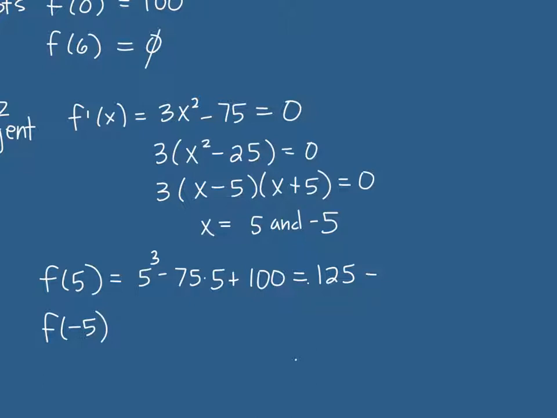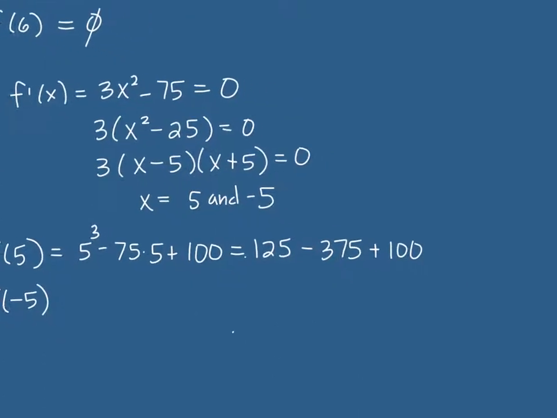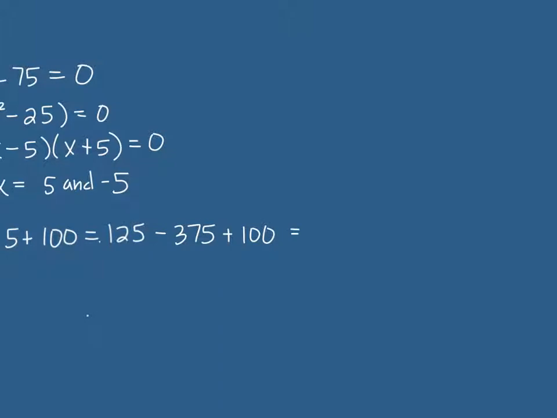Do you know what 75 times 2 is? 75 times 2 is 150. So 75 times 4 would be 300. And then you got another 75 on top of that. So 375 plus 100. So 125 minus 375 plus 100. So it's negative 250 plus 100. So negative 150.